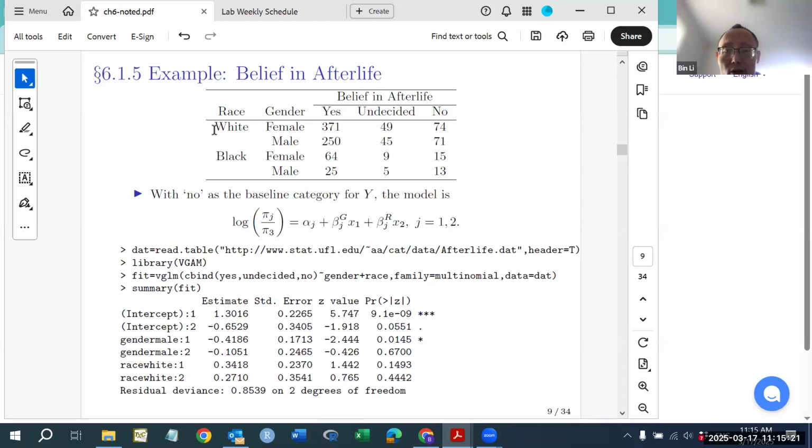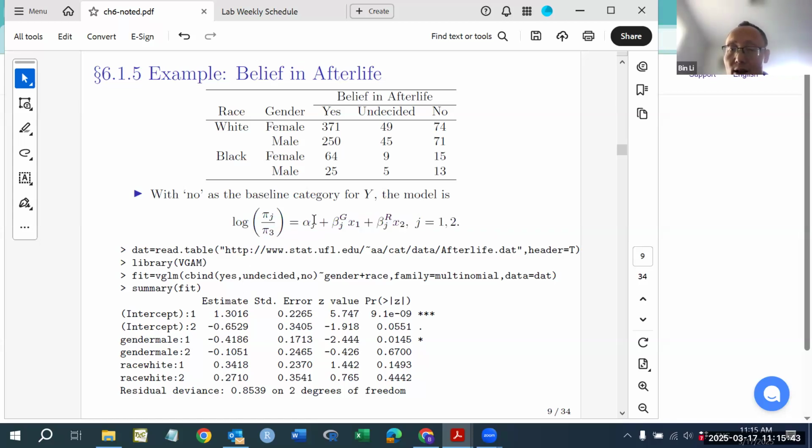Here we set no as the baseline group. That's category 3. Category 1 is yes, 2 is undecided. So the model we have is this one.